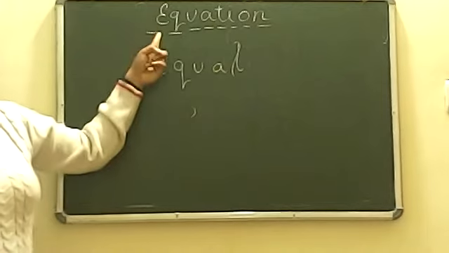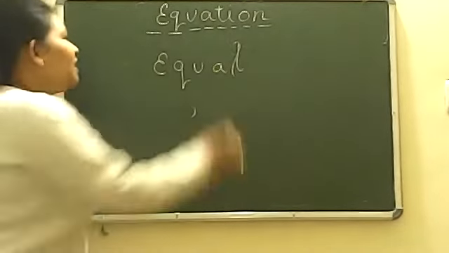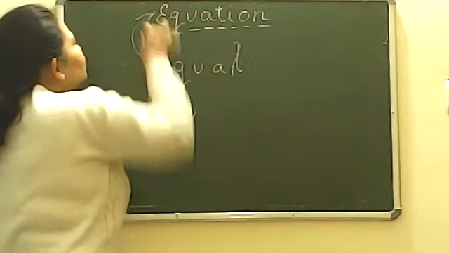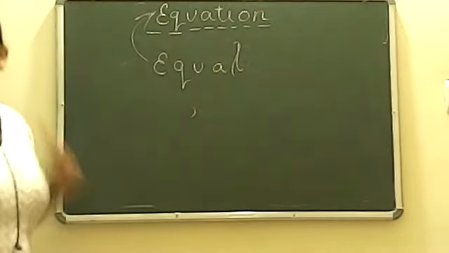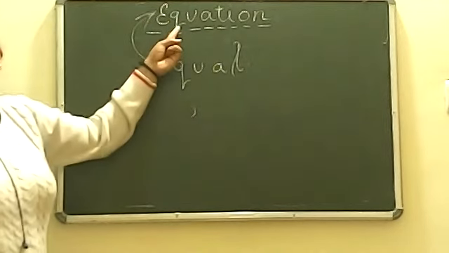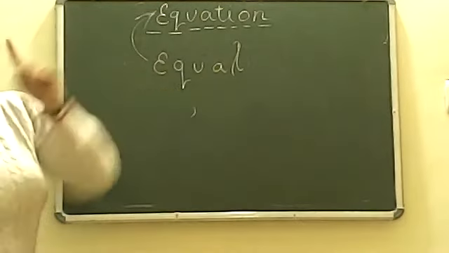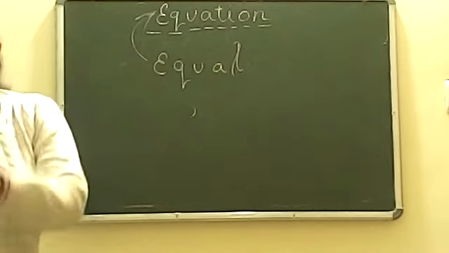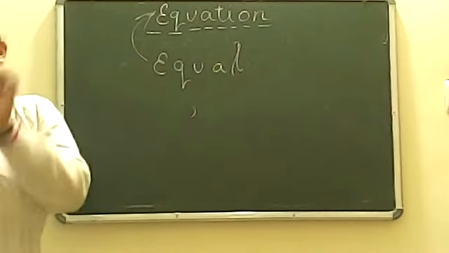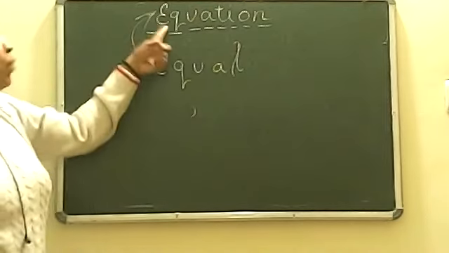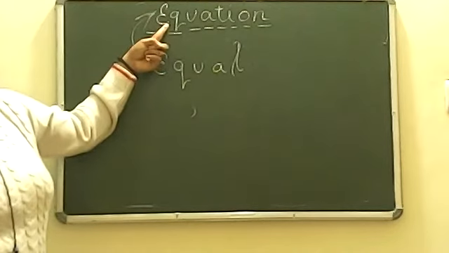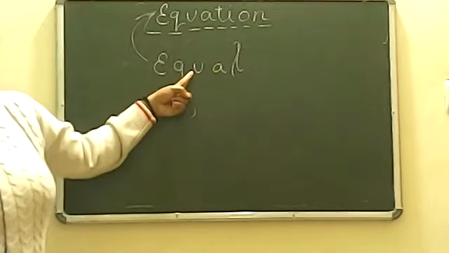Equal and equation have a very strong connection. Remember always, an equation cannot be written without an equal sign. Understand this and write it down somewhere in your copy with a pencil as well. Equation cannot be written without an equal sign.